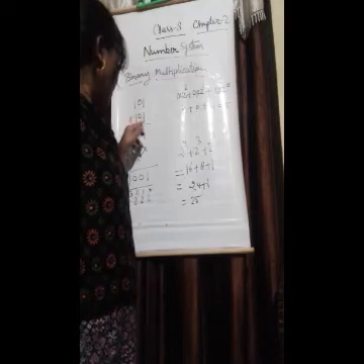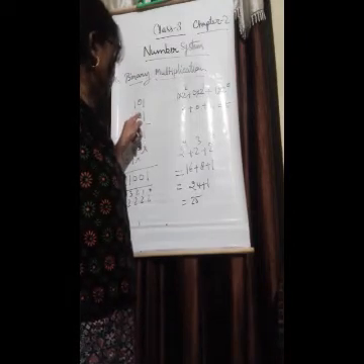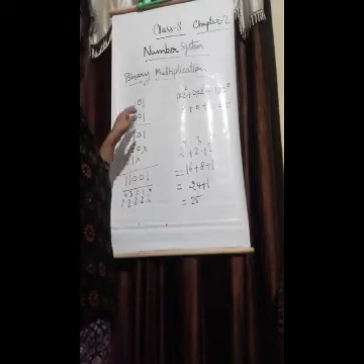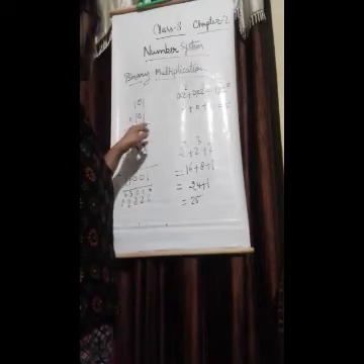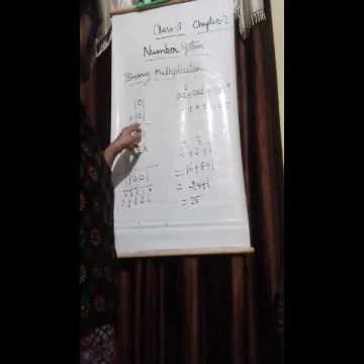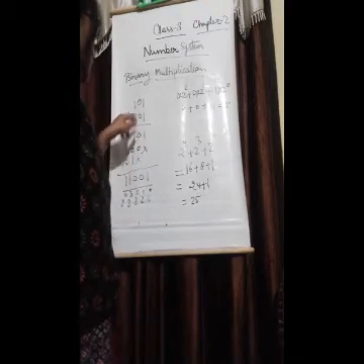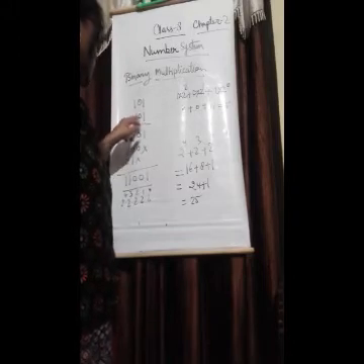Suppose I am multiplying 1 by 1. What is the answer? The answer will be 101.